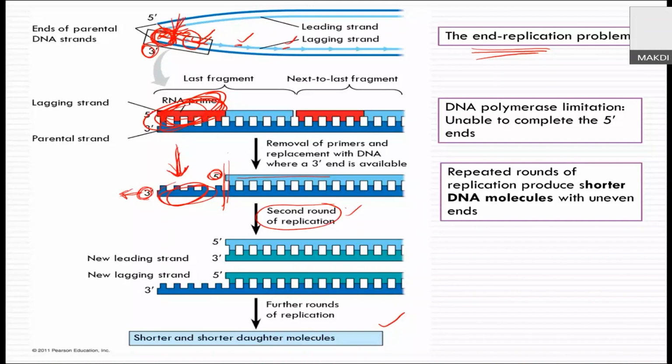That's why when we get older, we become less functional, because our DNA gets shorter as we grow older, right? So maybe we lose some genes. That's why when we get older, we become less functional.